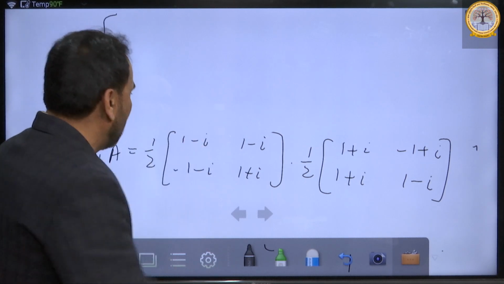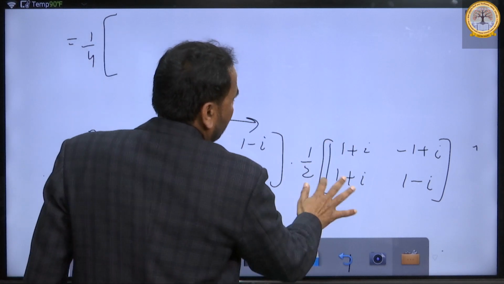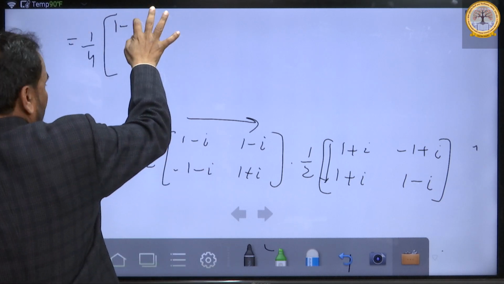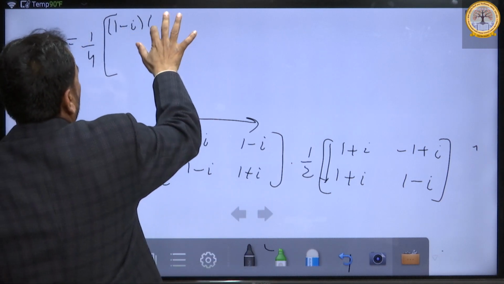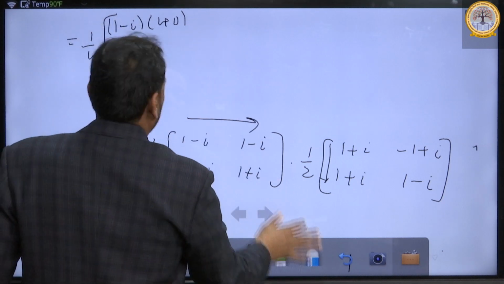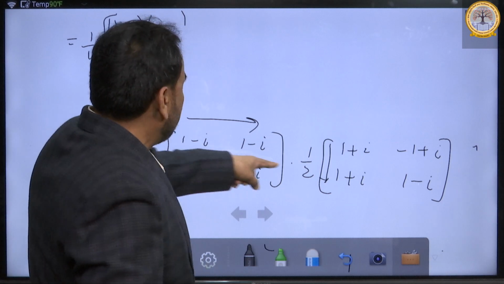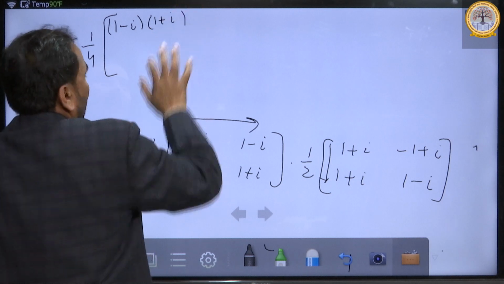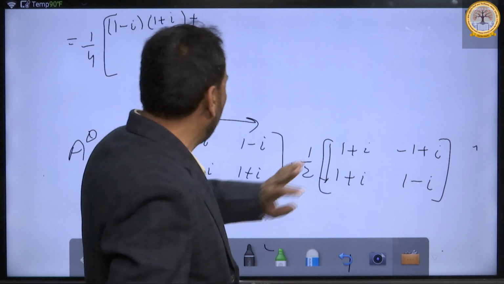We solve the first row with the first column, corresponding multiplication: 1 plus i, 1 minus i into 1 plus i, plus 1 minus i into 1 plus i.